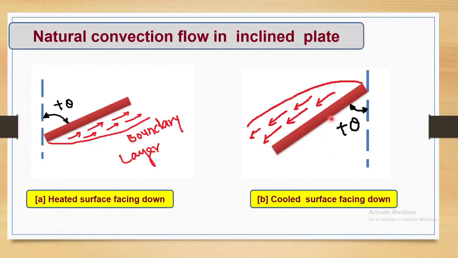When the plate is inclined in such a way that its cold surface is facing down and hot surface is facing upward, heat transfer will take place on the upside, and boundary layer formation will also take place on the heated face side.